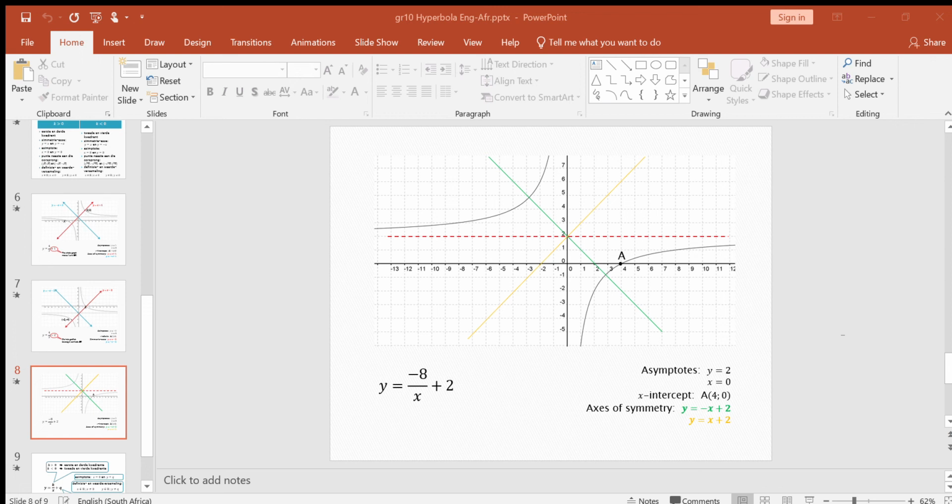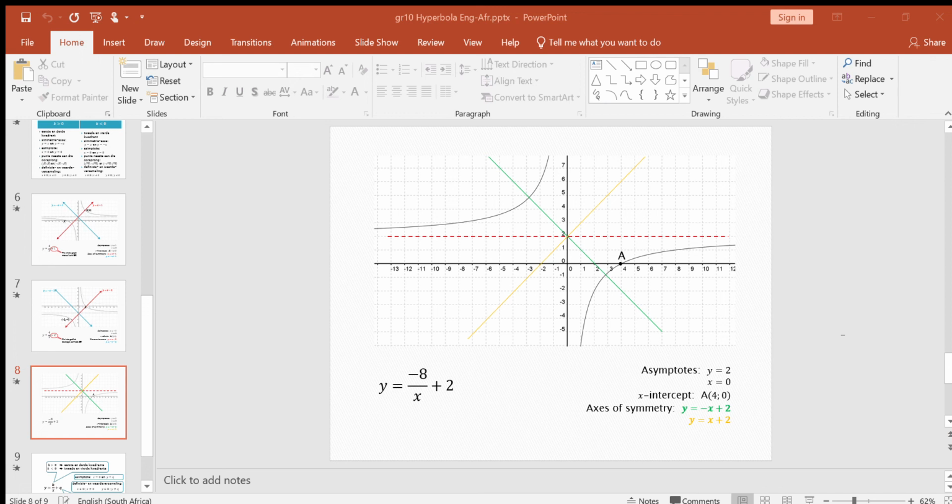Y is equal to minus 8 over x and then plus 2, so it means that that asymptote moved up 2 units, nee, dis hoe my grafiek gaan lyk. Asymptote is nog steeds x is gelyk aan 0, but y is equal to positive 2.